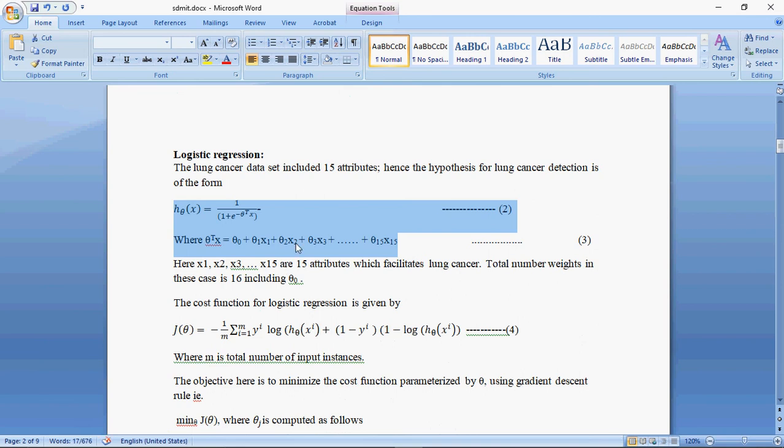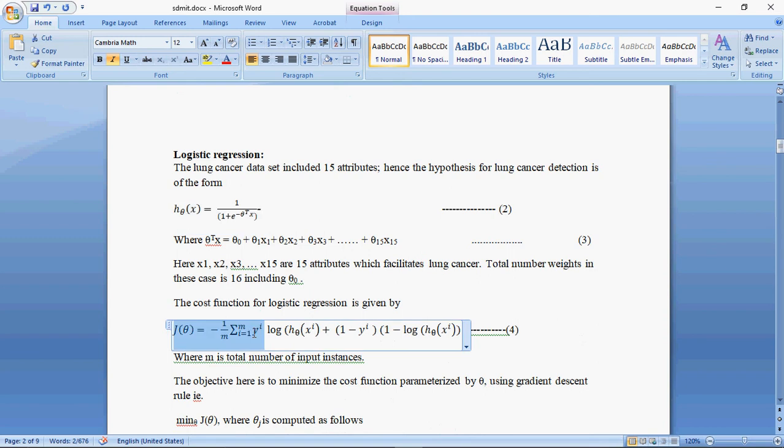Once we estimate the hypothesis defined as follows, we estimate next your cost function. Your objective in this method is to reduce the cost function. Initially you might get a cost, and that cost should be very low. If at the initial stage itself it approaches zero, then it is the best weight you have selected, which would classify any test data properly. Suppose the cost is very high, for example, let's assume it comes out to be 0.9.